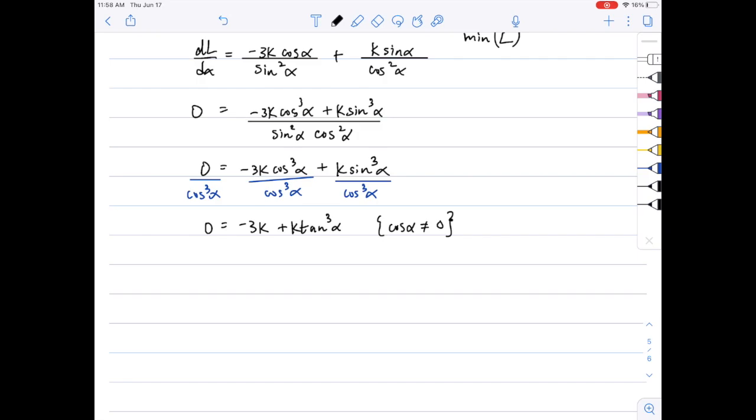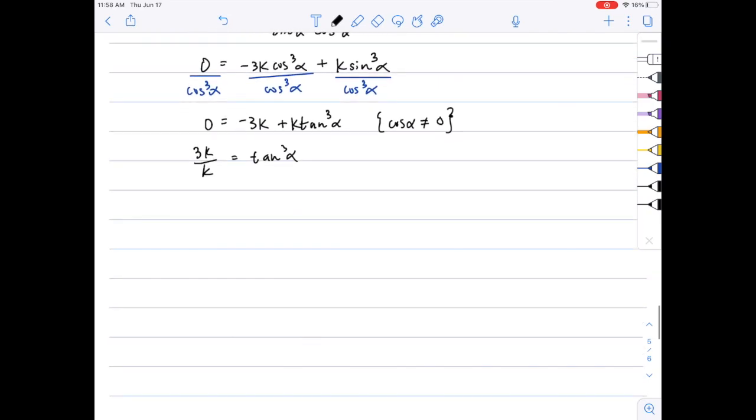What we could do is add 3k to both sides and then divide by k. And then you'll get tan cubed alpha equals 3k divided by k, as long as k is non-zero, and k is going to be non-zero.